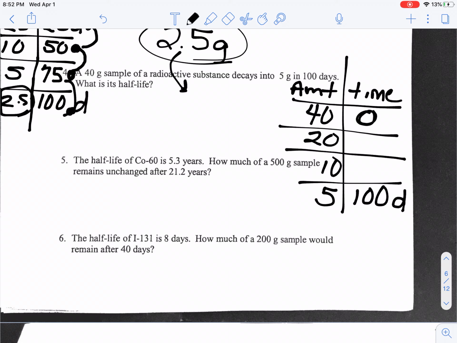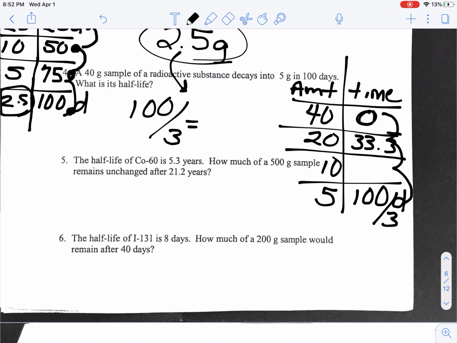So how many half-lives have you undergone? You've undergone 1, 2, 3. So if I take 100 and divide it by 3, I end up with 33.3 repeating.